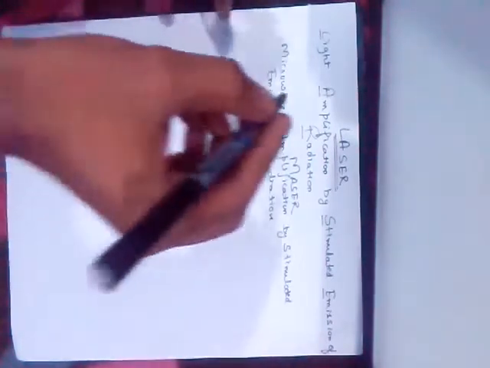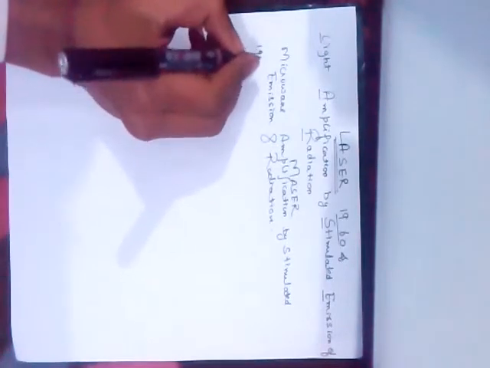Starting with the laser concept, laser was introduced in the 1960s. Before that, Einstein in 1916 proposed that the interaction of radiation with matter could be explained in terms of three basic properties.